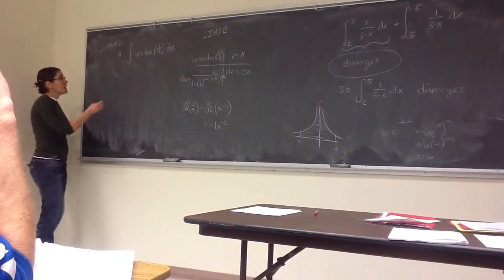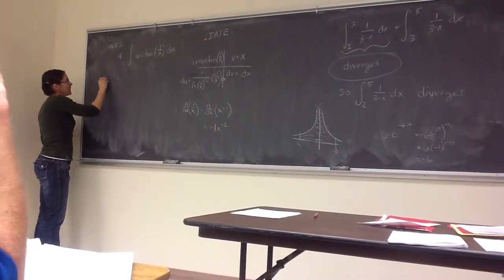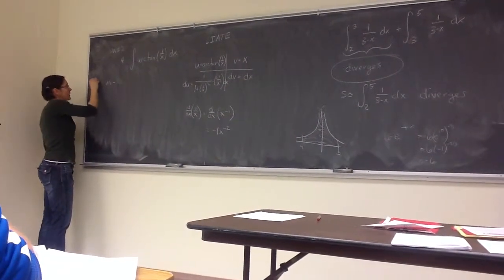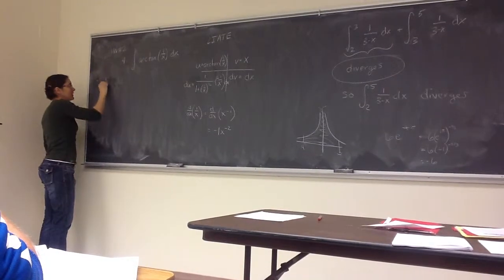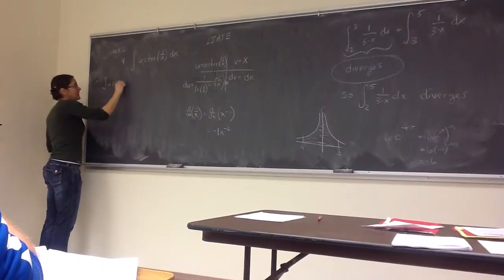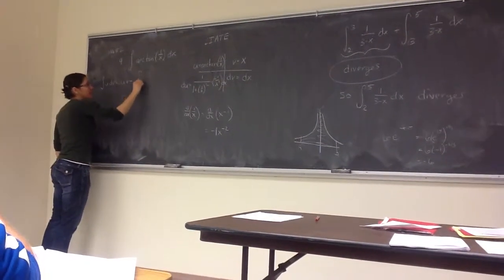Okay, so I go back over here to my integral. Let me say that again, the integral of u dv is equal to uv minus the integral of v du.